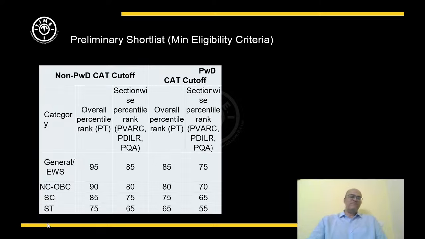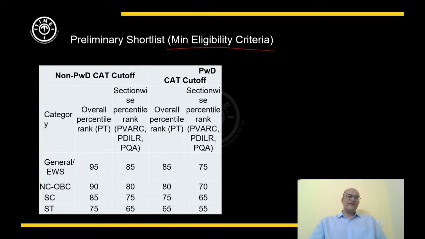As far as IIM Ahmedabad goes, this year they have decided that the general category or EWS category candidates will have the same cutoff. Remember, this is not the actual cutoff. This is just the minimum eligibility criteria. If you cross this, there is no guarantee you will get an interview call. But yes, it is mandatory to cross this.